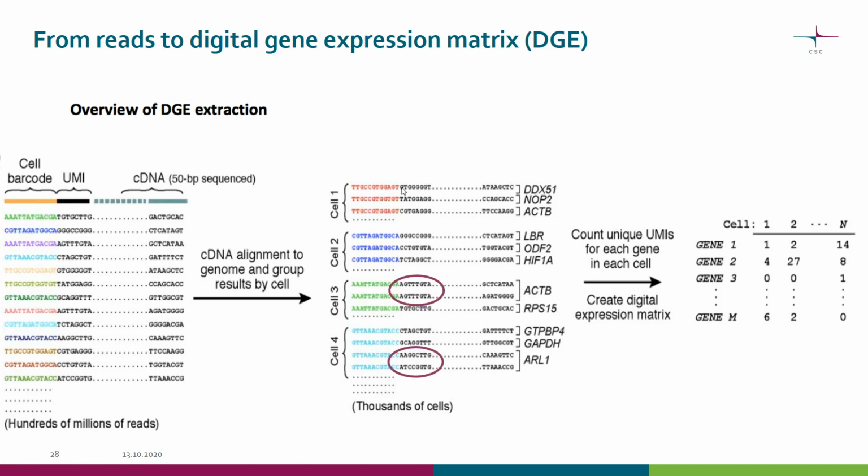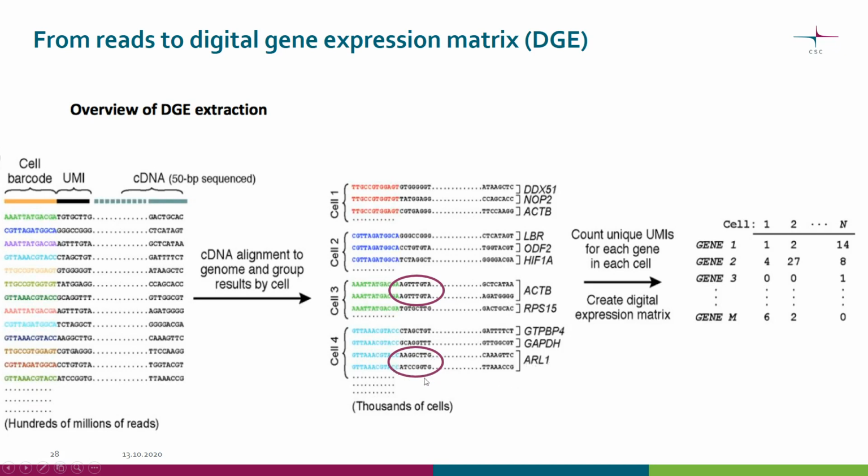The UMIs will help us to solve situations like this. Here, for example, we have two reads mapping to the ACTB gene. Now we need to know: were there two transcripts for this gene or only one? As we can see, the UMI is the same. That means that these two reads came from the same transcript molecule, so we need to count this only once, not twice. Down here we have another example for the ARL1 gene.